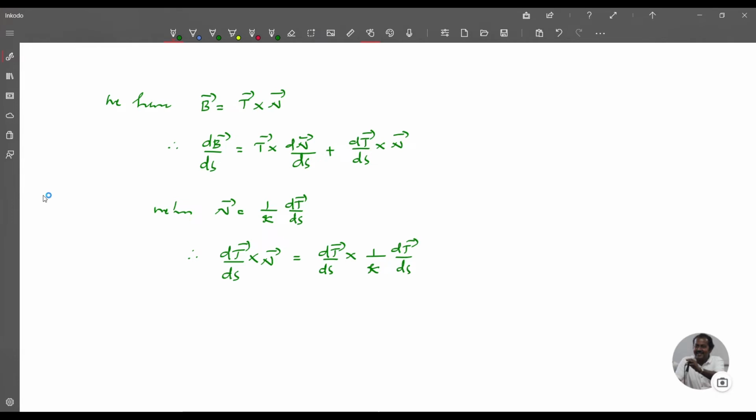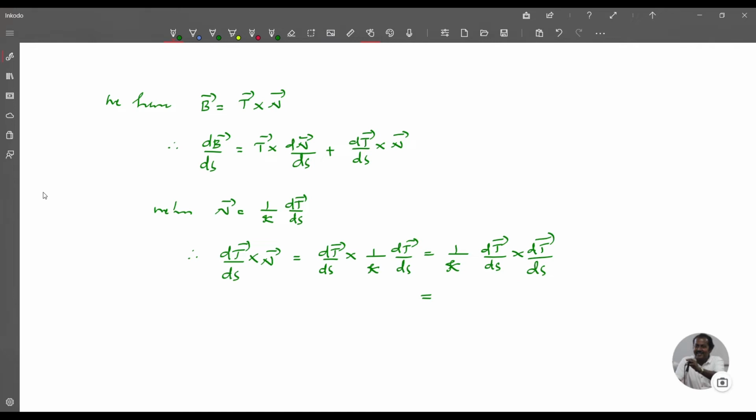So this is 1 by kappa into dT by ds cross dT by ds, which is equal to 0 since the angle between dT by ds and dT by ds is 0.